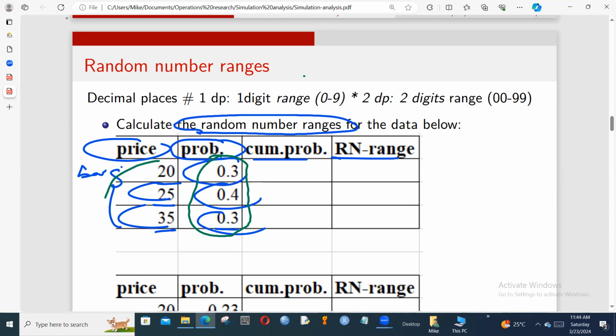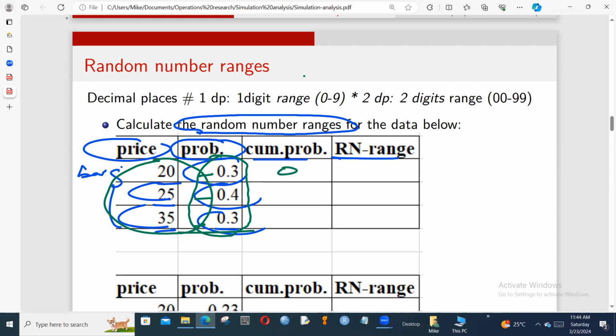Remember, all the outcomes form the entire probability sample space, and so you expect the probabilities to sum to 1. So just check whether 0.3, 0.4, 0.3 sum to 1 before you even begin working. Sometimes there could be an error, and if it's not summing up to 1, that could be an alarm to raise. In this case, the probabilities sum to 1, so we have no problem, and we can begin.